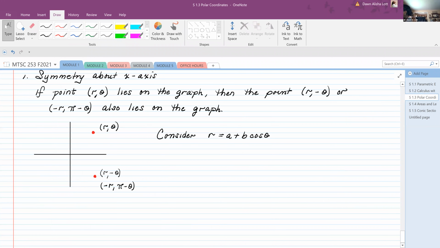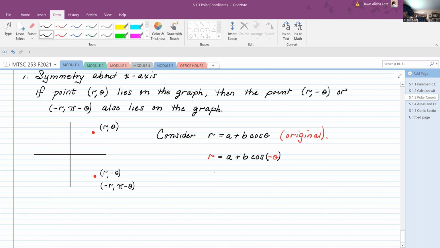So R is equal to A plus B cosine theta. That's the original. And let's check R. So if I put in R is equal to A plus B times the cosine, and now I put in minus theta, but the cosine of theta is the same as the cosine of minus theta.